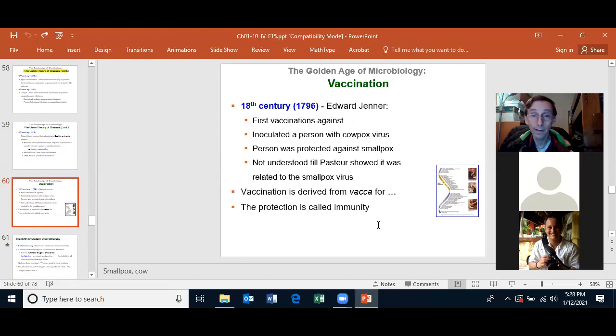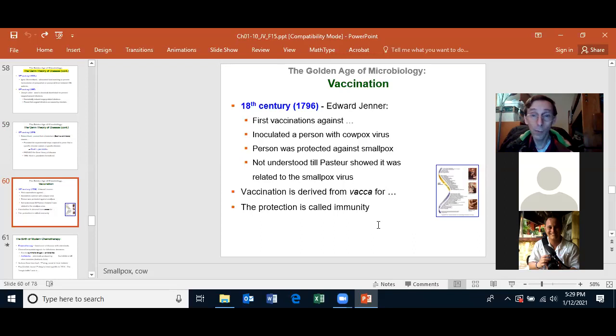What he did was he inoculated a person with the cowpox virus, and then he noted that the person was protected against smallpox. He and everyone of his day did not understand why his vaccine worked.